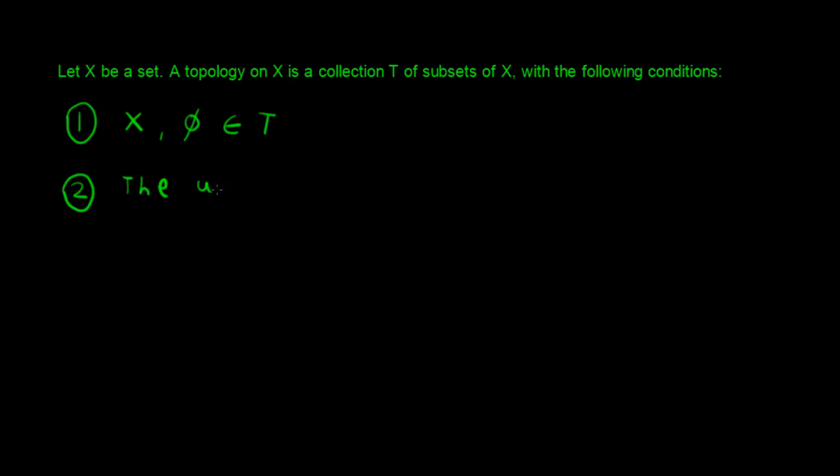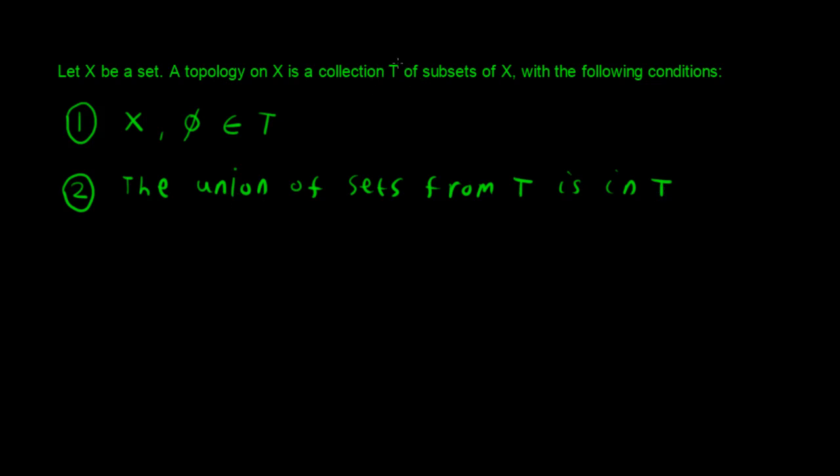So the union of sets from T is in T. This may seem a bit strange at first, but essentially what I'm saying is if you take any number of sets in T and you take the union, then the result should also be in T. So it's any kind of union you like.